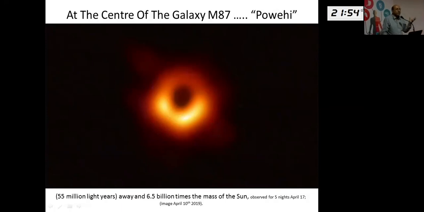And the picture that emerged from that was published in April this year, 2019. And they called it Powehi. This is the first picture of a dark black hole that has ever been made. It was there somewhere 55 million years ago. We do not know what shape and size it is now, or if it exists. And it was at least 6.5 billion times as large as our sun.